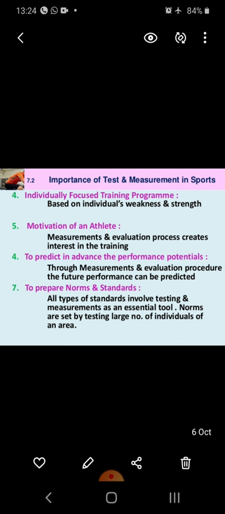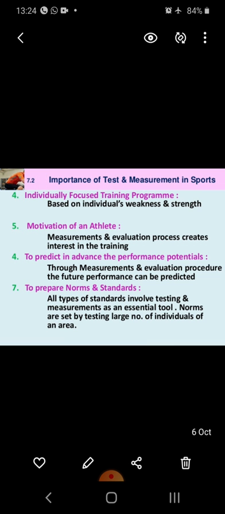Then we will come to a conclusion and focus on their training as a whole. We will identify the individual's weakness or strength through taking tests and measurements and doing evaluation, and we will come to a conclusion whether the training given to the individual is a weakness or a strength for a particular game or sport.